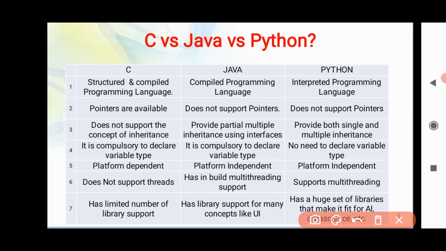Okay, fine. We are done with the first point, second point, third point. The next is, it is compulsory in Java to declare variable types. As you have done programming using C, you definitely remember when you have to define any variable.